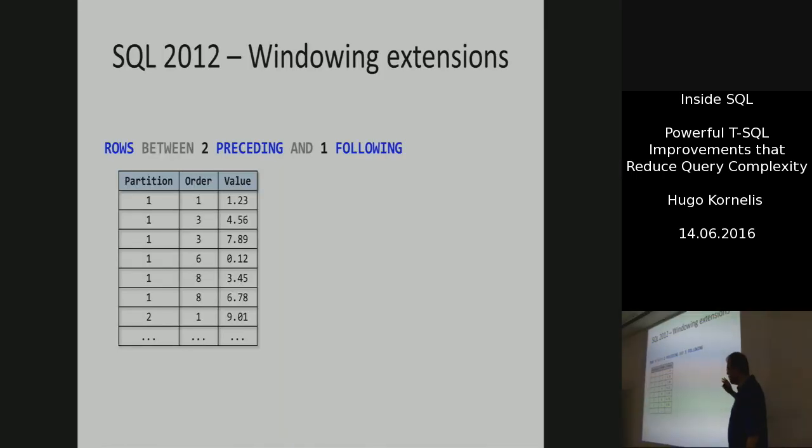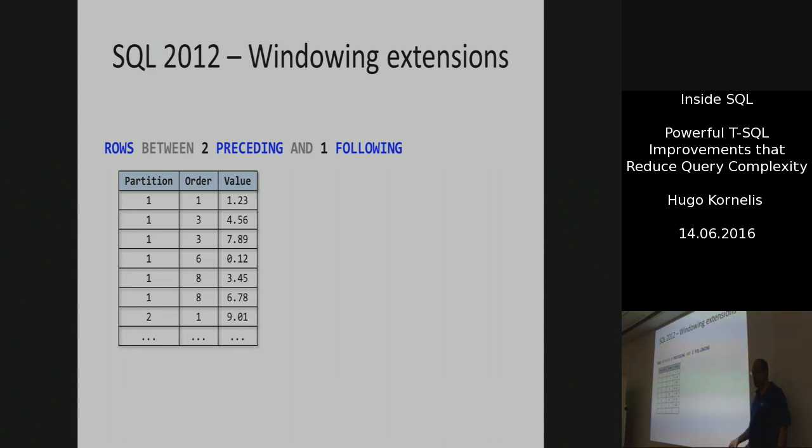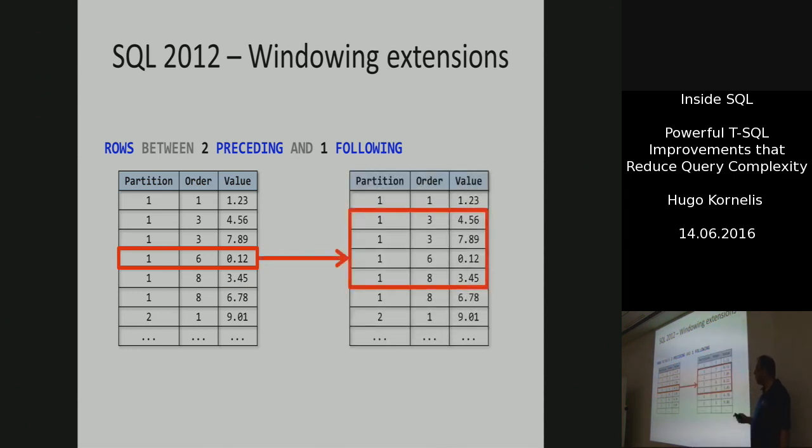So here's the same demo I had before. We're still partitioning by partitioning, and we're now also ordering by order, and then we have rows between two preceding and one following. So when we are evaluating this marked row, rows between two preceding and one following means this is the size of the window. Why this? Well, two rows preceding, one row following.